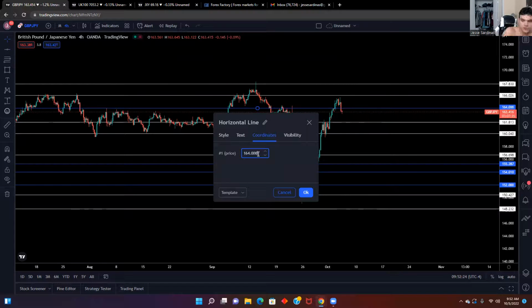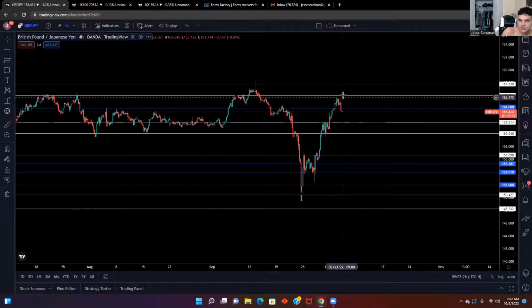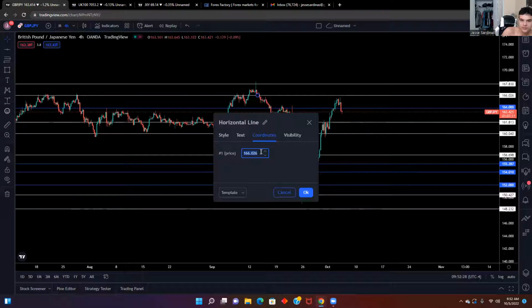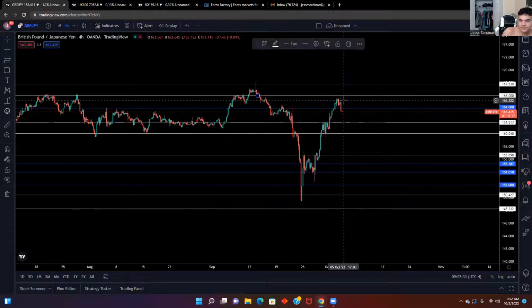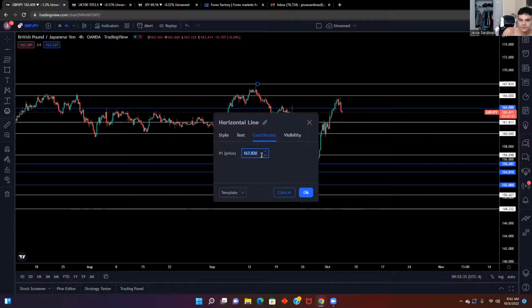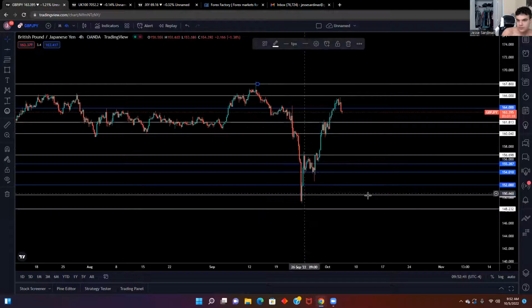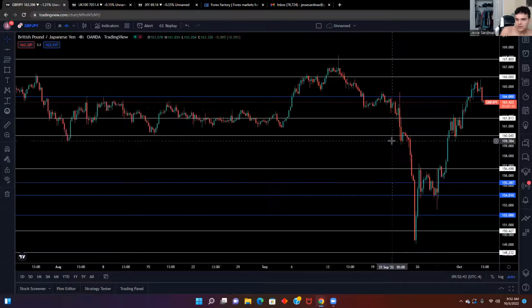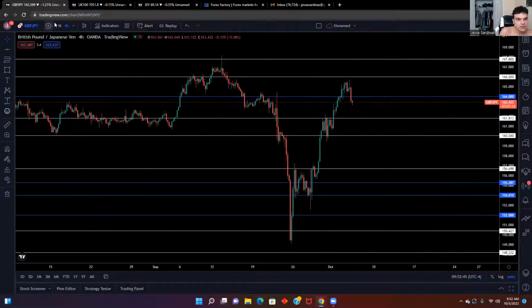I usually always round these down too, by the way, guys. I usually like to keep them as flat as possible. All right, that should be good for the moment though, to be honest. As we'll start to zoom in.